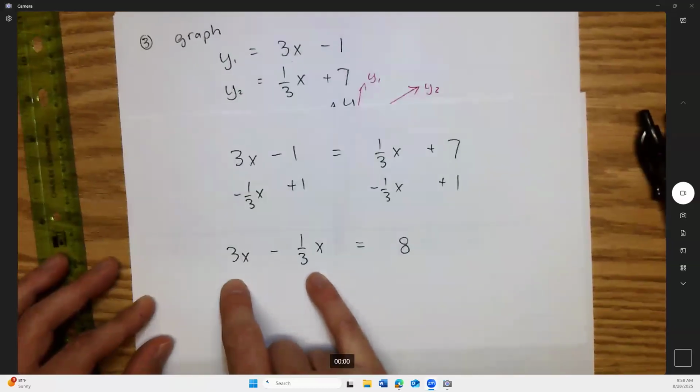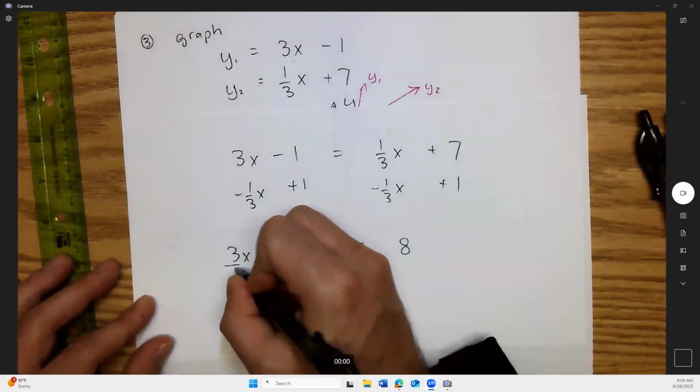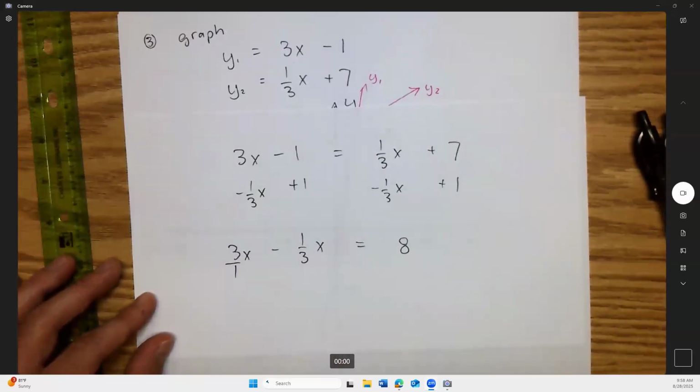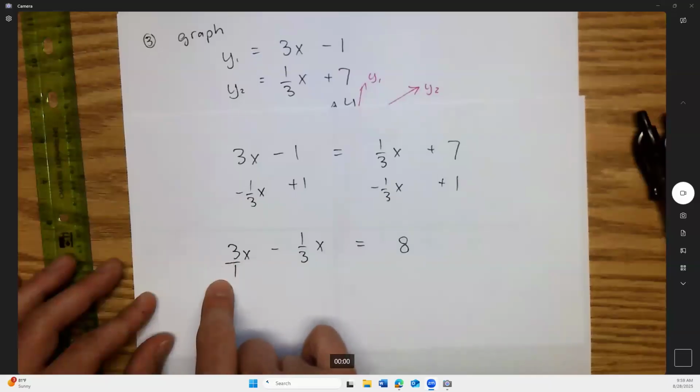Guys, what about this fraction here? If I want to combine the x's, it should have a fraction that has a common what? Denominator, right? Now, isn't 3 the same thing as 3 over 1? What do you think the common denominator is going to be here? 3. Now, this one already has a 3 in the denominator, so I'll leave that alone. But this one over here, how can I get a 3 down here without actually changing the term?